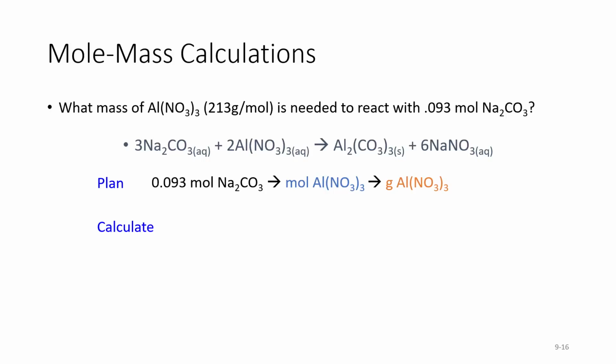Okay, here's another example. Go ahead and pause the video, try to work through this one. Okay, so what mass of Al(NO3)3, grams, Al(NO3)3, is needed to react with 0.093 moles of Na2CO3?